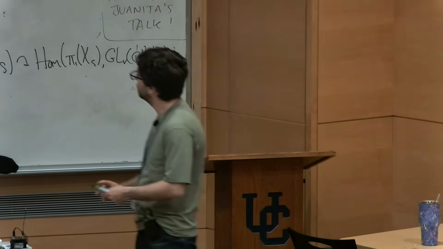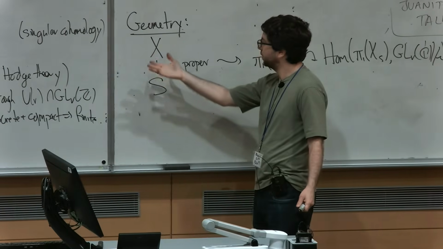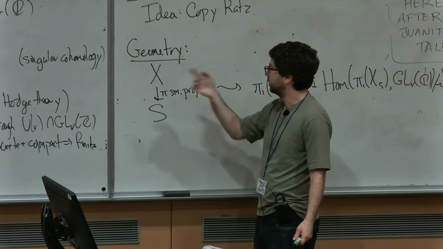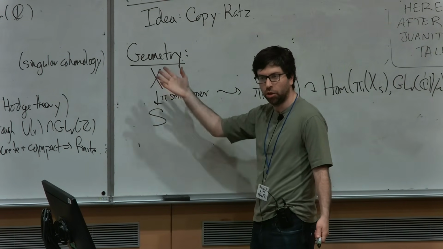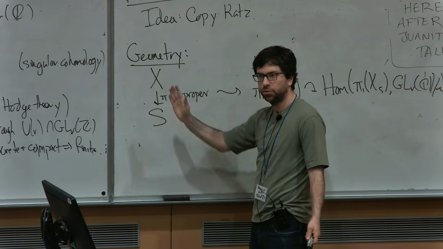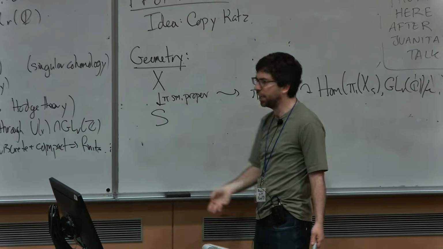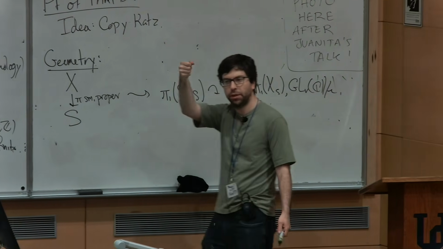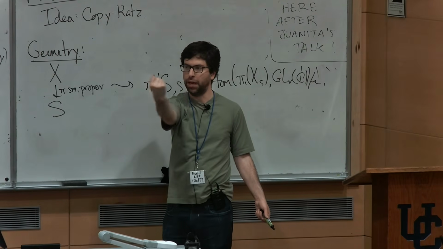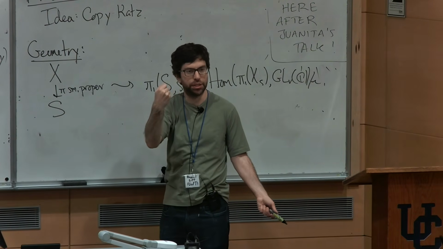Why is this? If you have a smooth proper morphism, it's in particular, by Ehresmann's theorem, a proper holomorphic submersion. It's a fiber bundle. So all the fibers of this map are topologically the same. If you have a representation of the fundamental group of a fiber, you can just drag it in a family around a circle in the base, and you get a new representation.